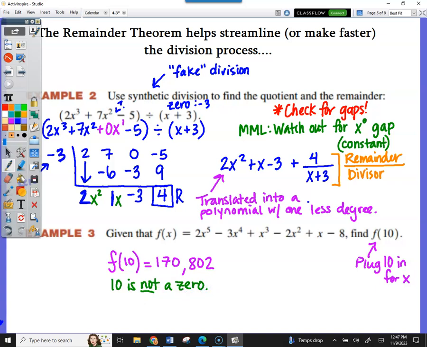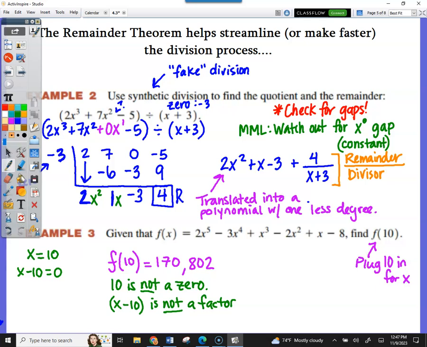Now, positive 10 would come from the factor x minus 10, right? If you need help with that, set x equal to 10 and then subtract it over to see what the factor would be. It also means x minus 10 is not a factor if I was to factor that polynomial out completely.